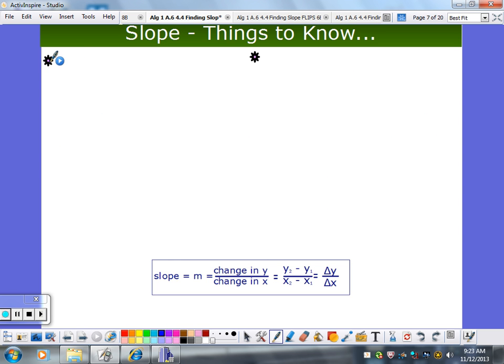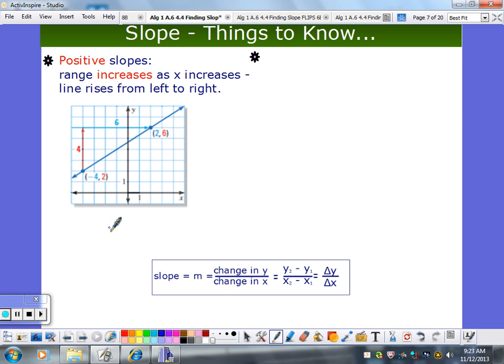Other things to know about slope. We can tell just by looking at a line what kind of slope it is in terms of positive, negative, or some other thing. Now this is a positive slope. How do I know? Always be traveling left to right here. I'm working my way up towards the bigger numbers, and I start going uphill, right? If you increase, this is called a positive slope.